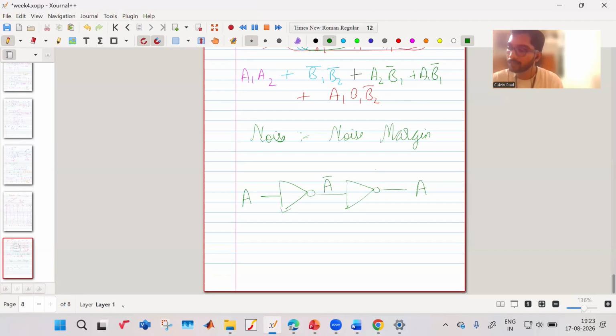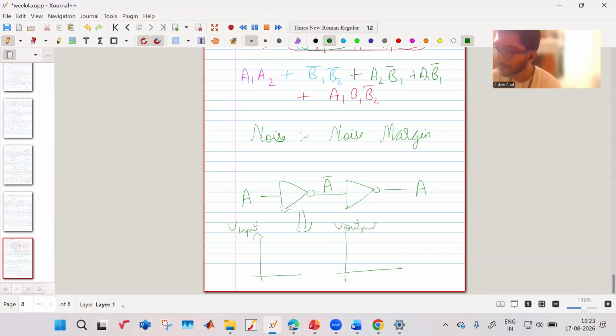So now, for one inverter, let us see. V input, V output.